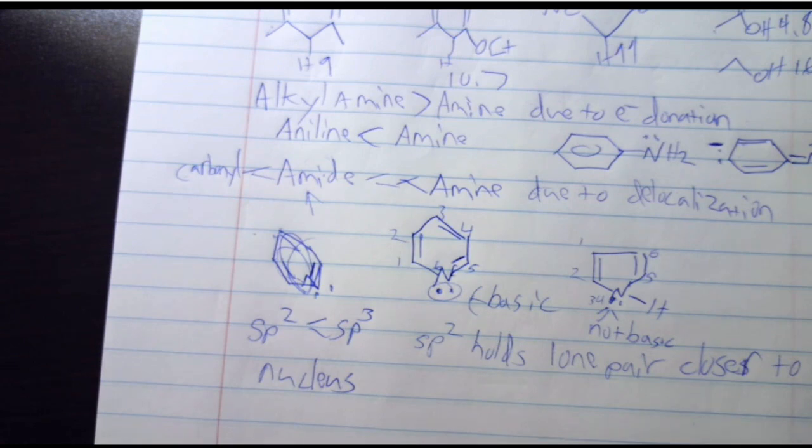Well, sp2 is made of 2 p orbitals and 1 s orbital, so it's 33% s. sp3 is made of 3 p and 1 s, so it's 25% s. And more s means the lone pair is held more tightly to the nucleus.